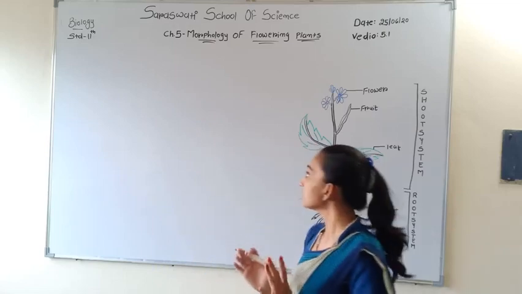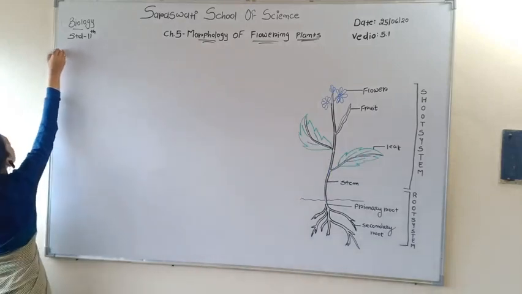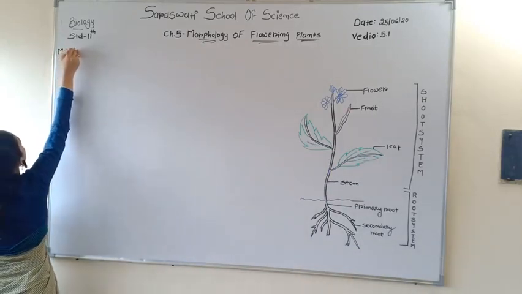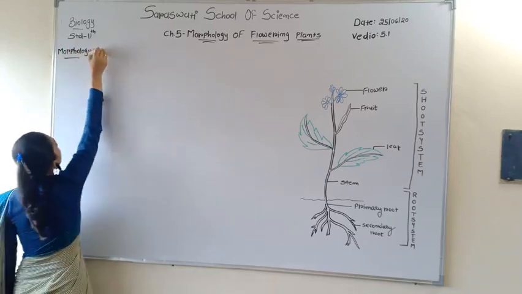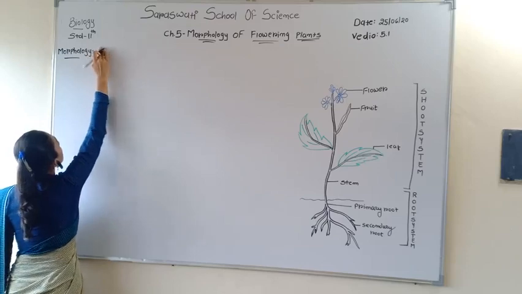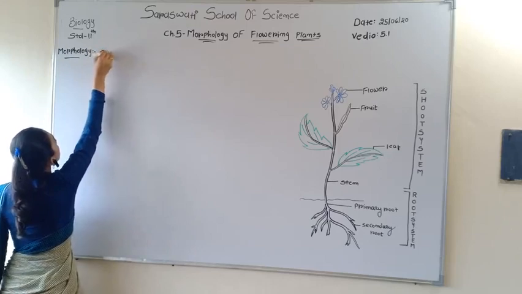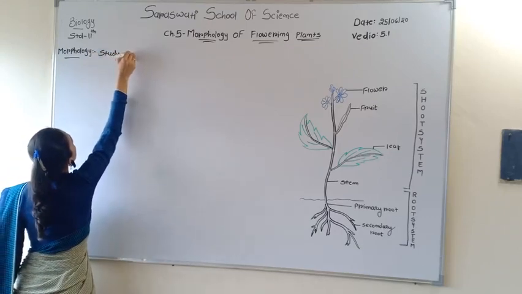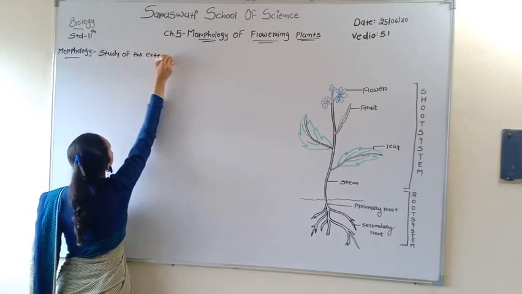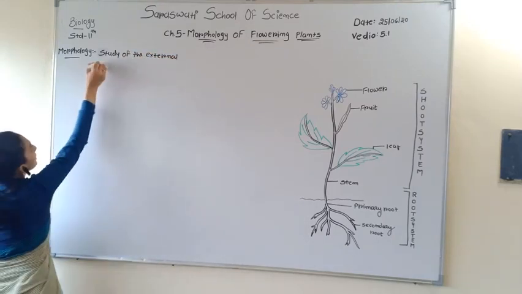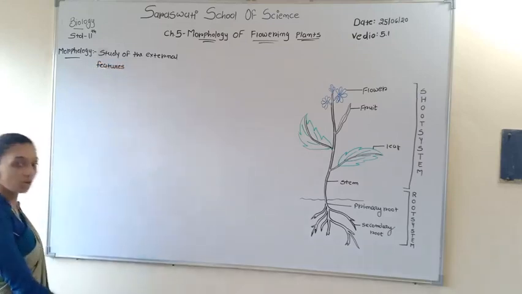So now first we discuss the morphology of flowering plants. First, what is morphology? The study of the external features is known as morphology.